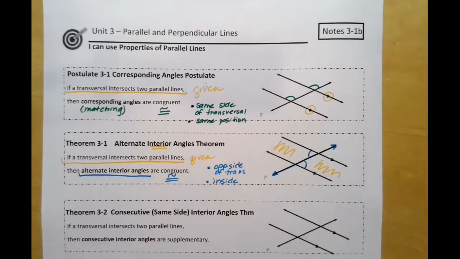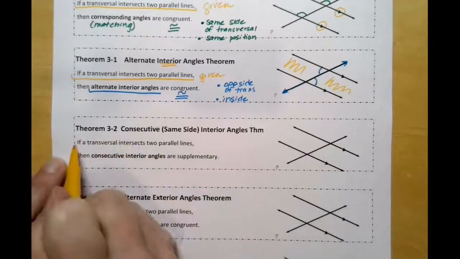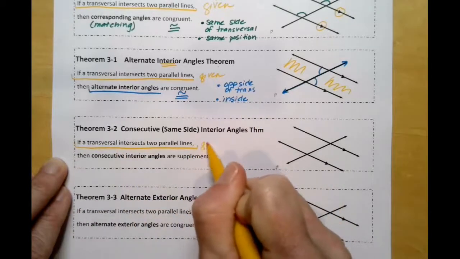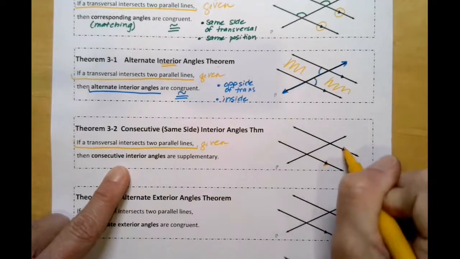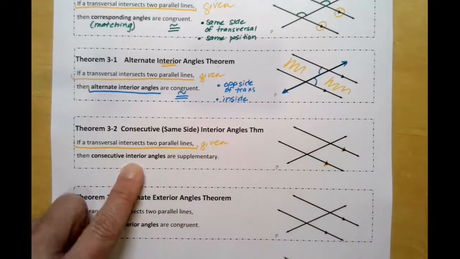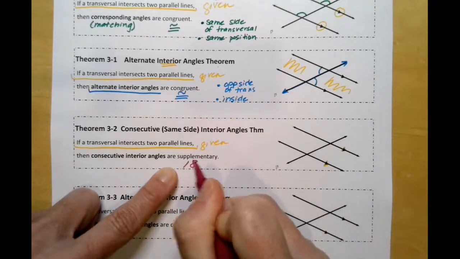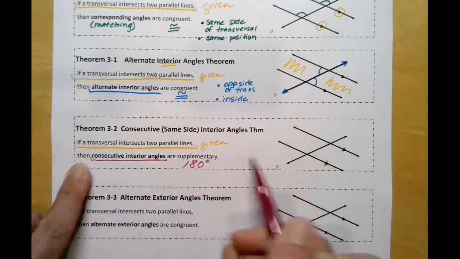Our next conversation that Euclid gave us, and again, our given is if the transversal intersects two parallel lines. So we have that same given conversation. I know that the lines are parallel. Then my consecutive interior angles are supplementary. So we have to keep in mind these are the ones that equal 180, our consecutive interior angles.